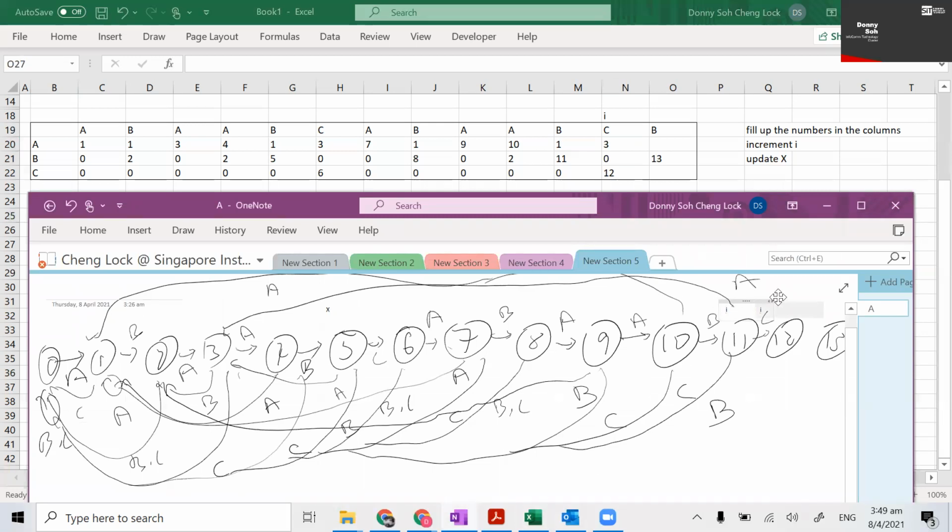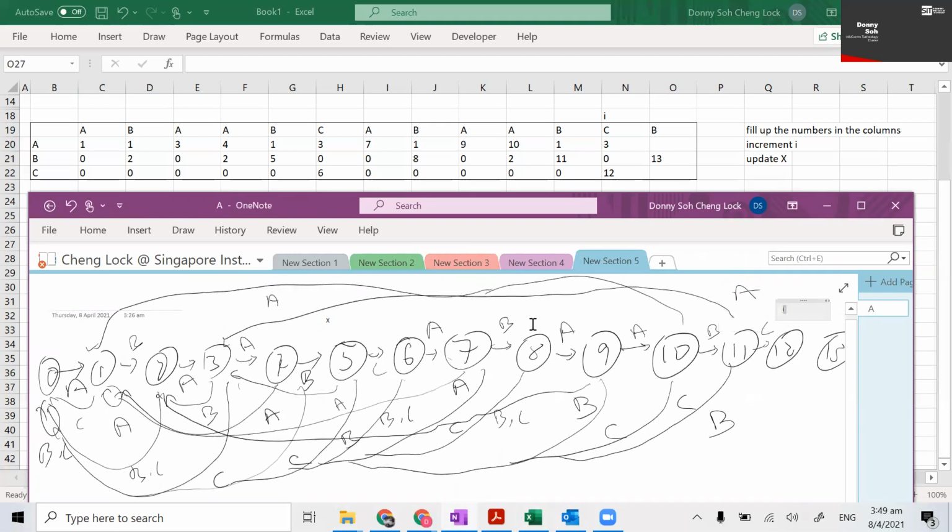Sorry for the handwriting, very cramped. And if I'm at state X and I see a C, this will push it all the way to state 6. Last one, 12 to 13. This is B, which is easy.